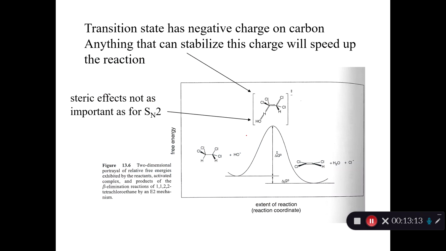So the transition state of the E2 mechanism: again, the hydroxide or whatever the nucleophile is will come in and attack not at the carbon, because those are sterically blocked by these big chlorines, but it will come in and attack at the proton. Then it pulls off the proton, and one of the chlorides leaves, and you get the double bond left behind.